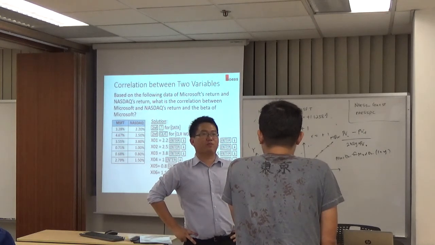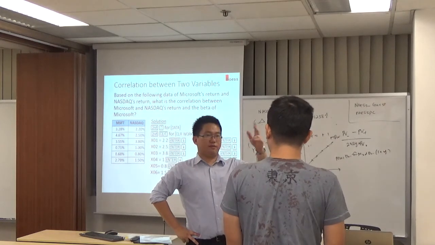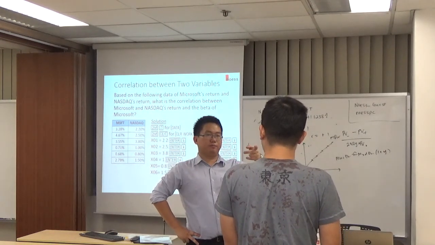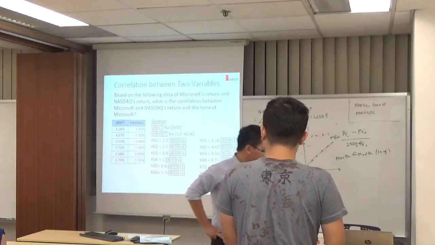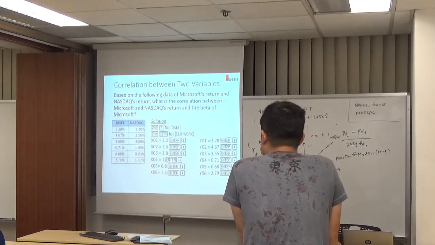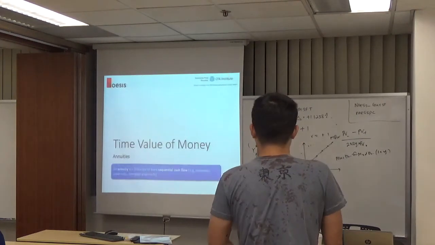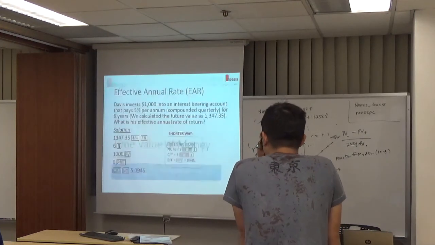Is there a way to do that? Yes, just like just now. Remember just now I divided and times the period? You just have to take a very huge number. For example here, this was compounded quarterly.